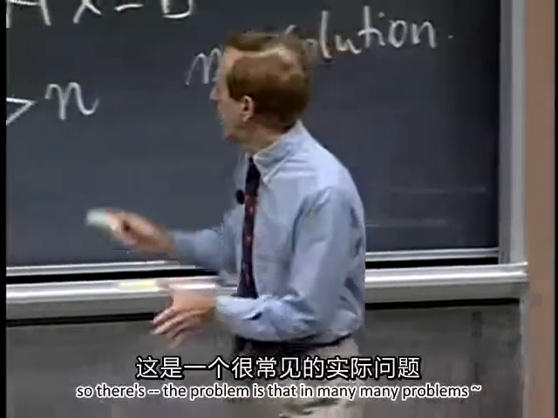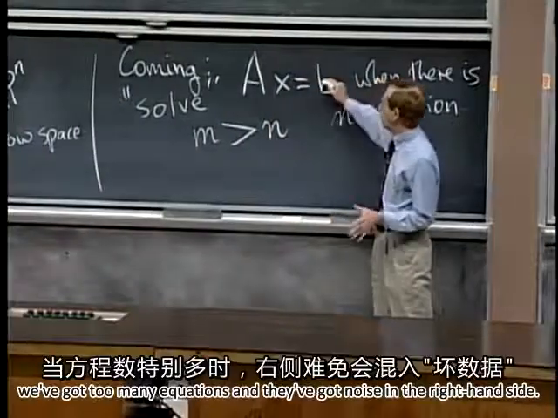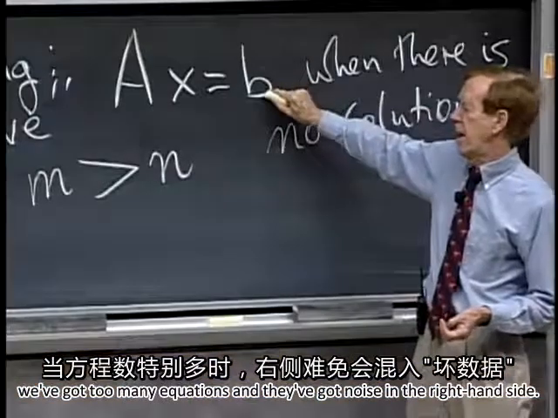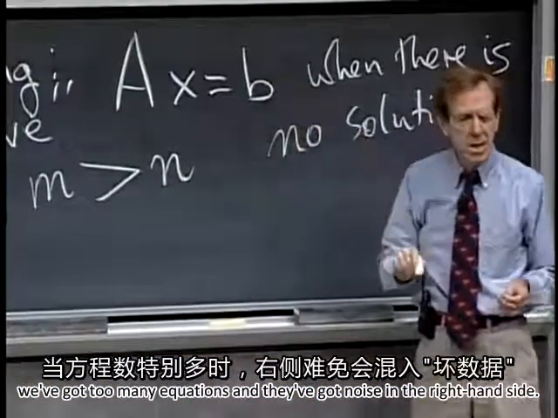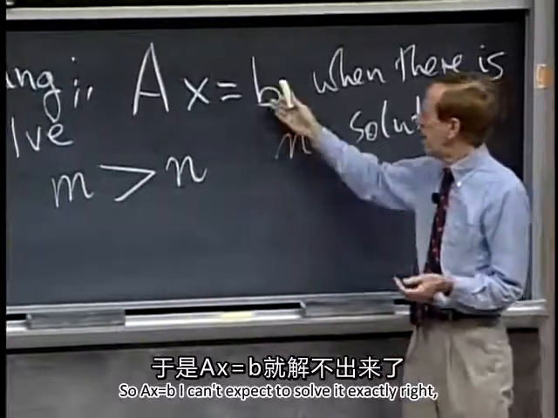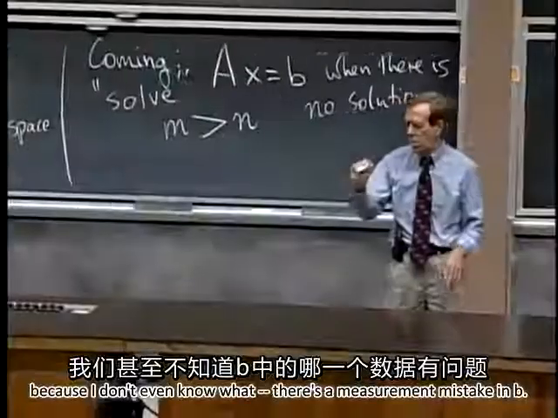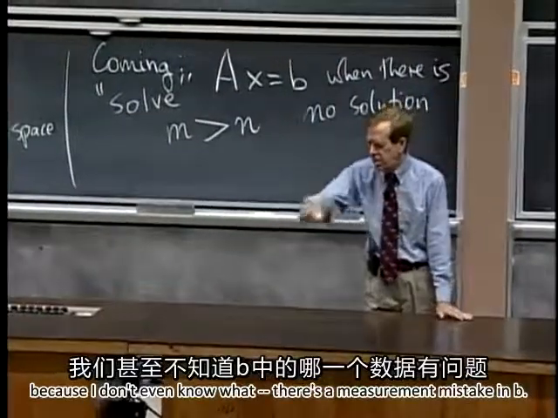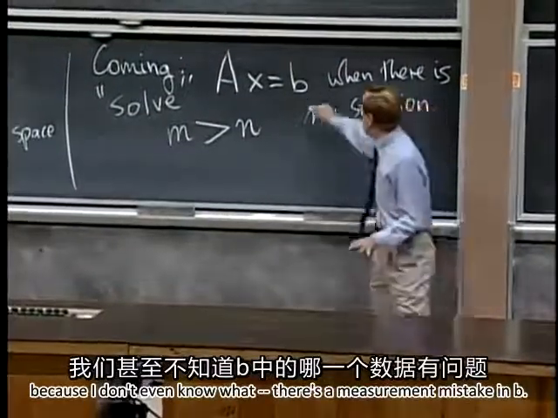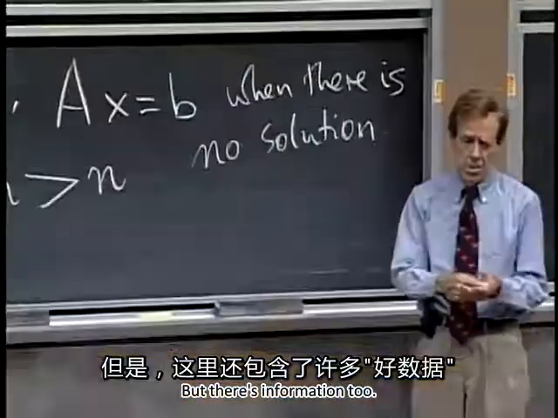So the problem is that in many, many problems, we got too many equations, and they've got noise in the right-hand side. So Ax equal b, I can't expect to solve it exactly, because there's a measurement mistake in b, but there's information too.